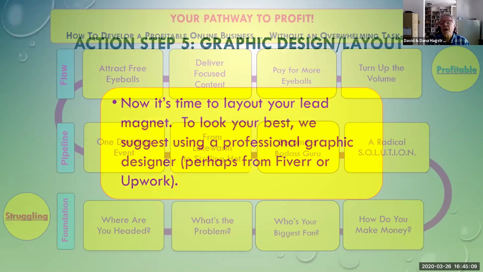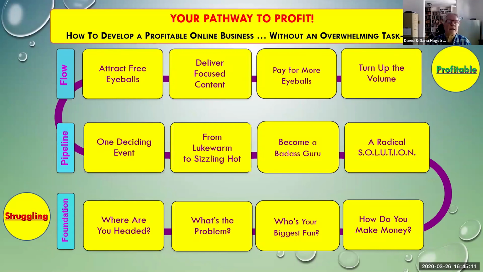Well, I said I would do one more thing, and that is show you where this fits. I want you to know a lead magnet is only one step in the process of developing your online business.